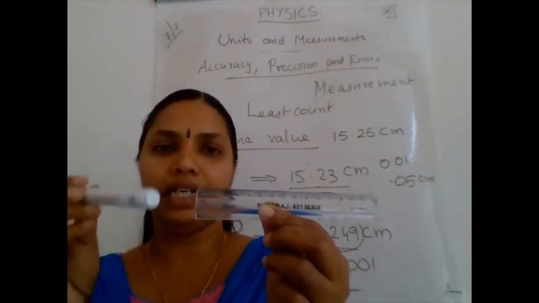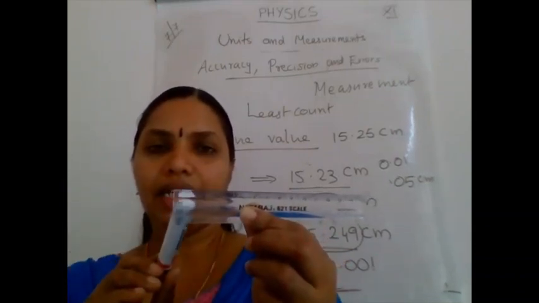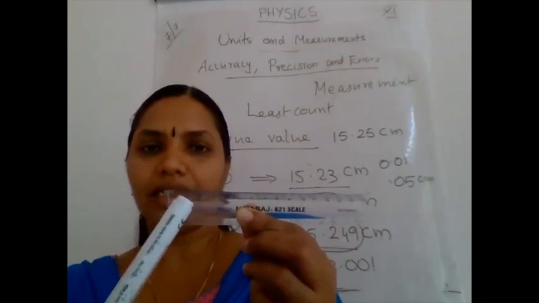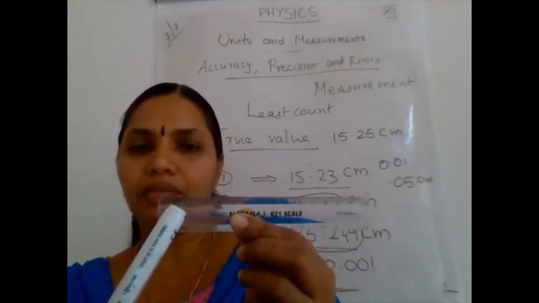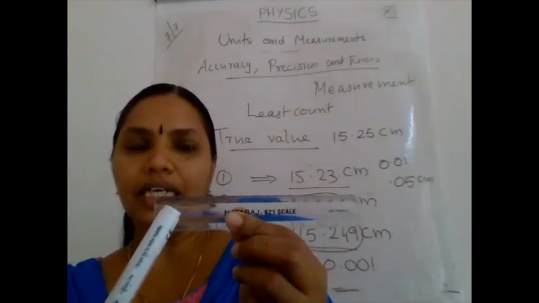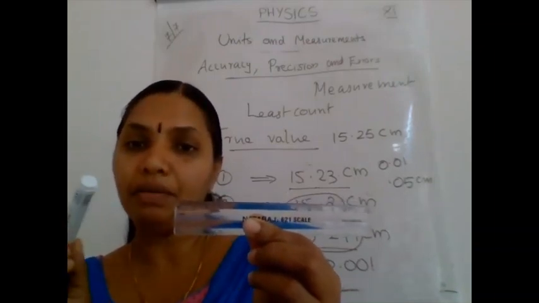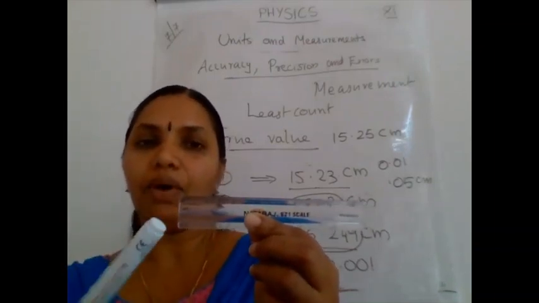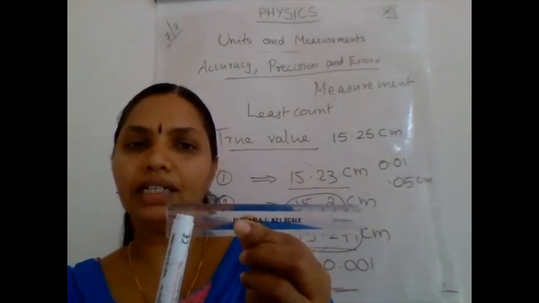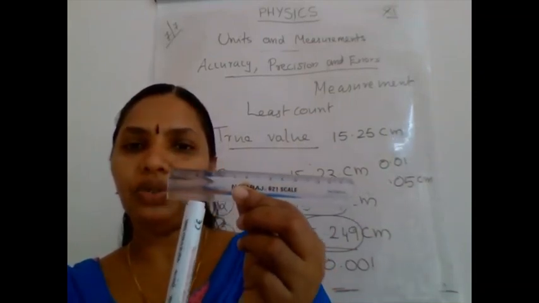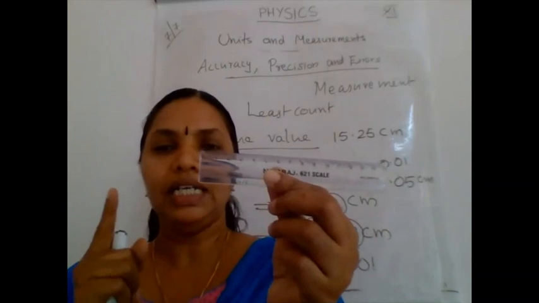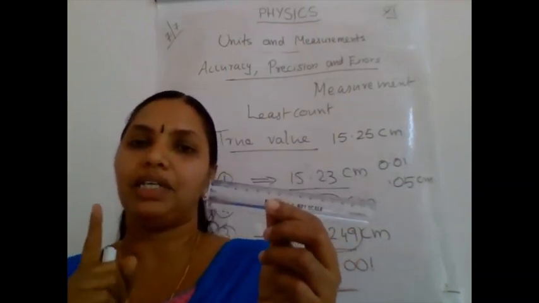The center one is a little bit bigger line, that is 0.5 millimeter. And 10 millimeter is equal to 1 centimeter, isn't it? 1 centimeter is equal to 10 millimeter.